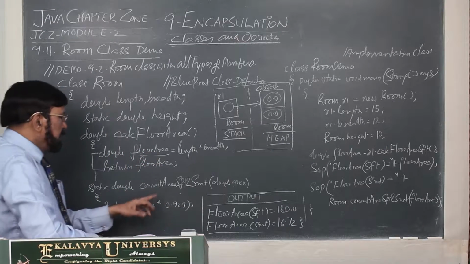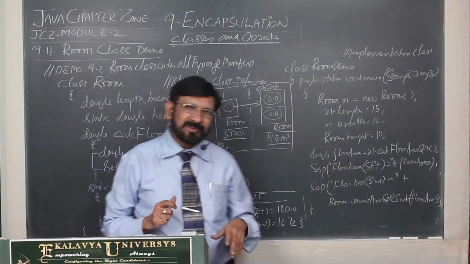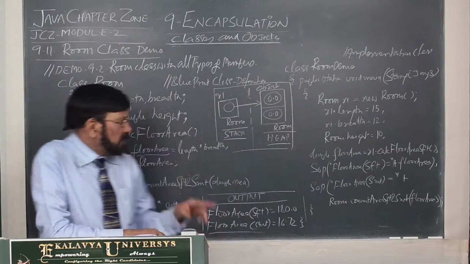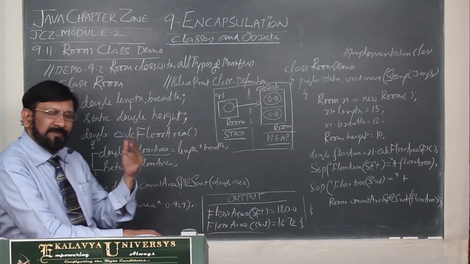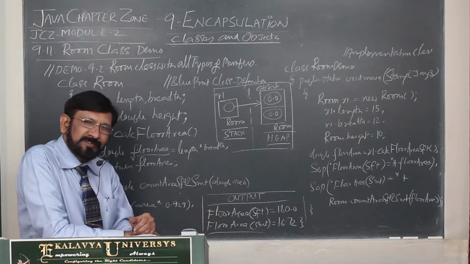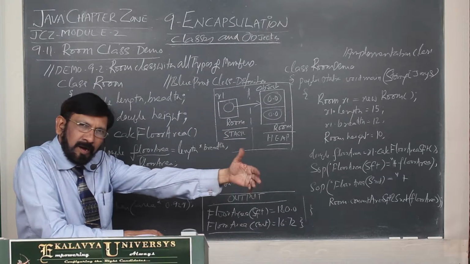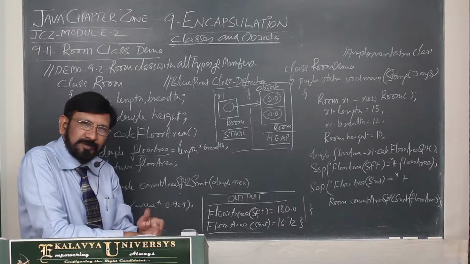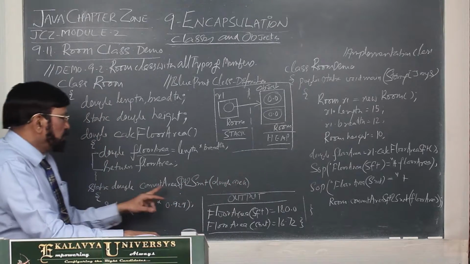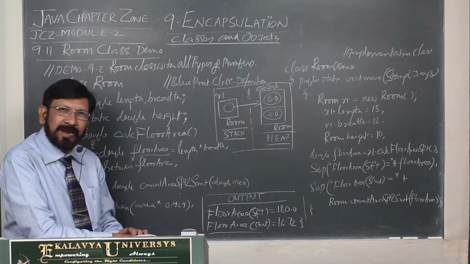Okay. Thereafter, convert area SFT into SMT. Consider this. Comparatively, it has a different nature. It is like a utility service. All objects may use it if they require. So that's why we are declaring it as static.